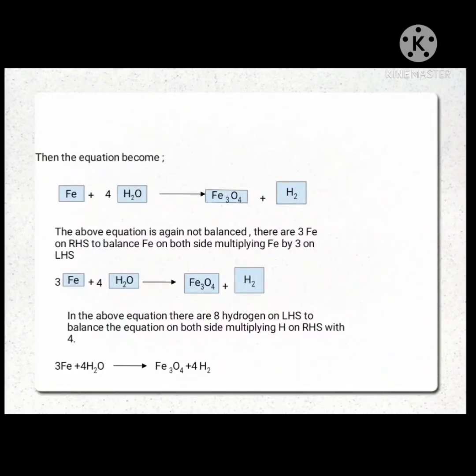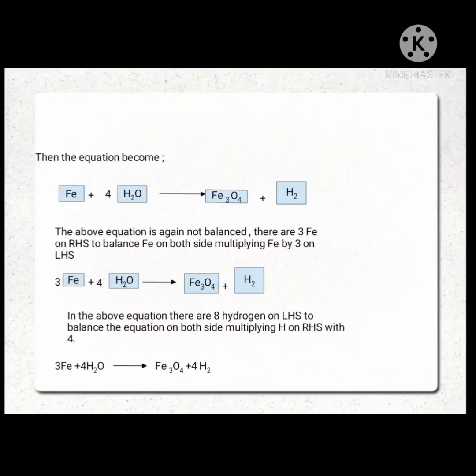So, to make hydrogen on the right hand side 8, what do we have to do? Multiply it by 4, because 4H2 means 4 into 2, that is equal to 8. Then the equation becomes 3Fe plus H2O gives Fe3O4 plus 4H2.